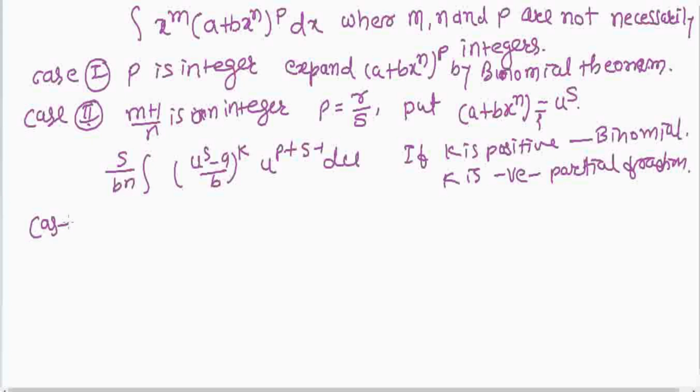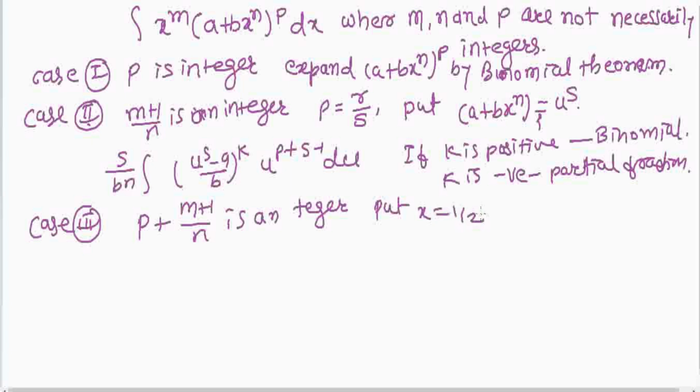And the third case of this type of integration is when (p plus (m plus 1) divided by n) is an integer. If this is an integer, then put x equal to 1 by t.